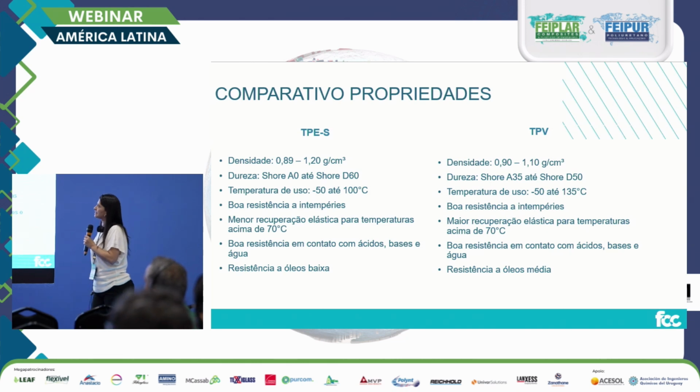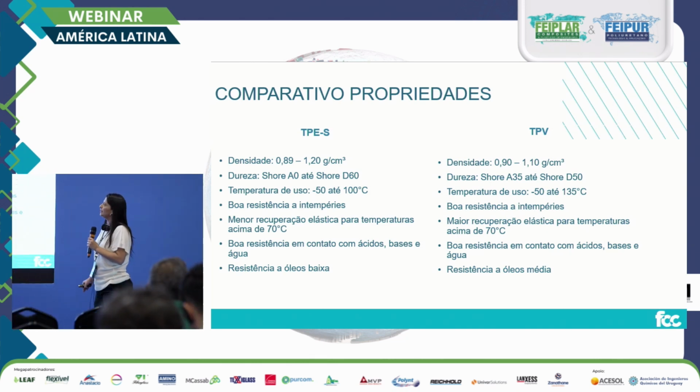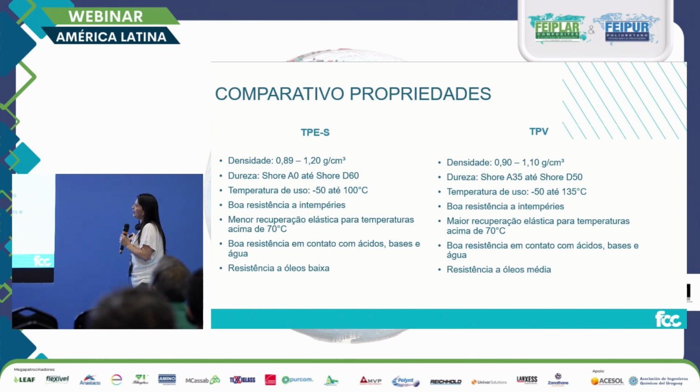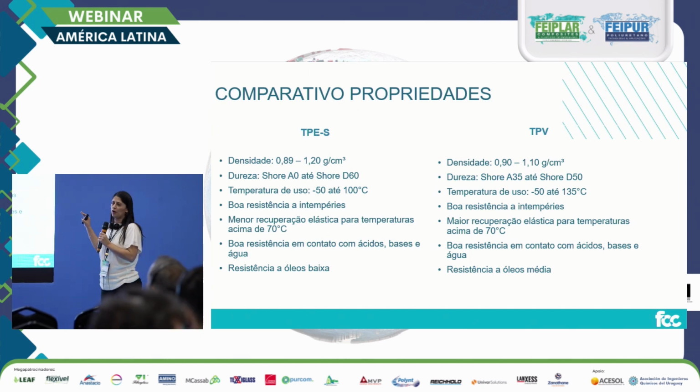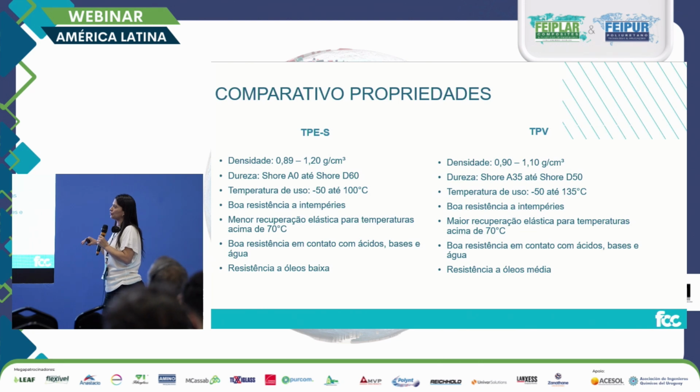So this is a comparison of the properties between the two materials. The density of TPS is from 0.89 to 1.20, and TPV density is 0.90 to 1.10. In TPS, you have the possibility of working with Shore A0 hardness to Shore D60.